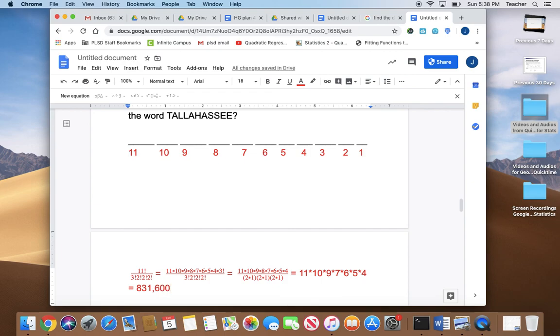Okay, so that'll be the answer when I solve that. You could solve it different ways. You could take this in your calculator and divide it by 2 factorial times 2 factorial times 2 factorial.